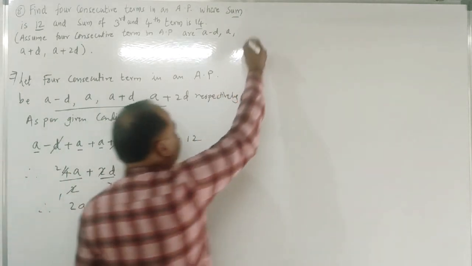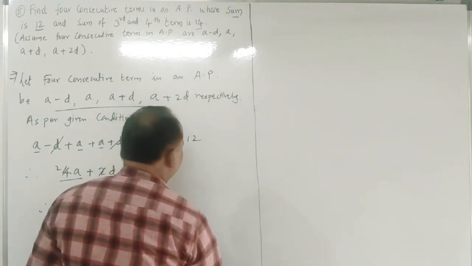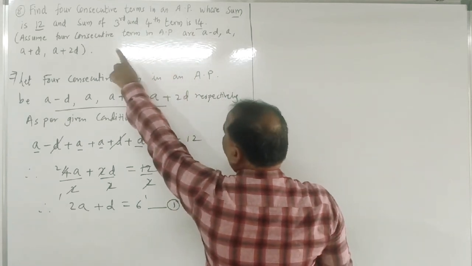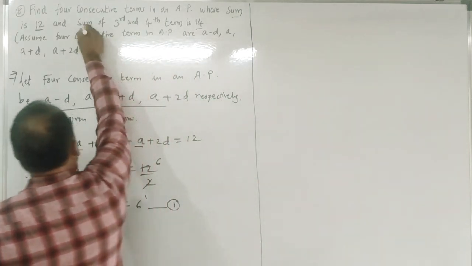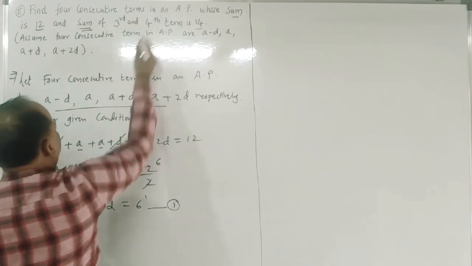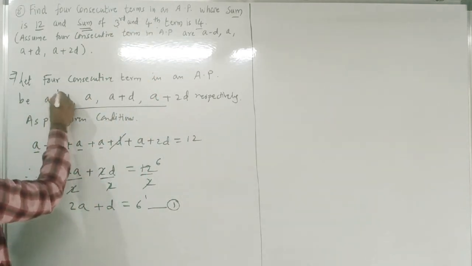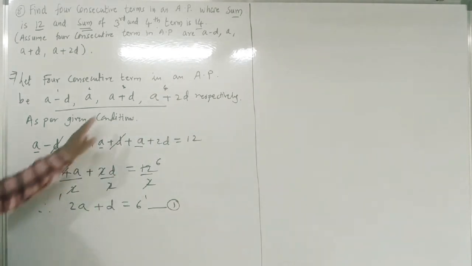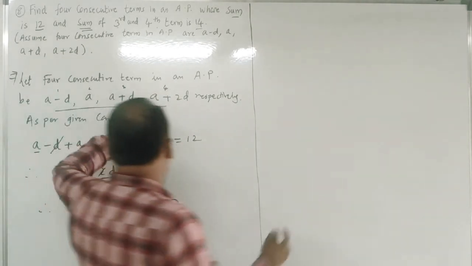Now the second condition is the sum of the third and fourth term. This is first term, second term, third term and fourth term. So the sum of third and fourth.